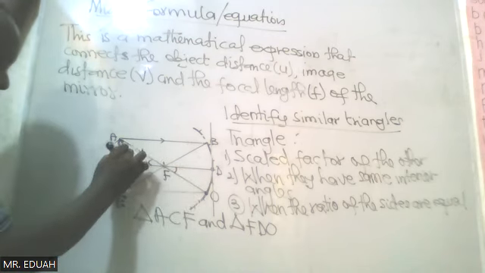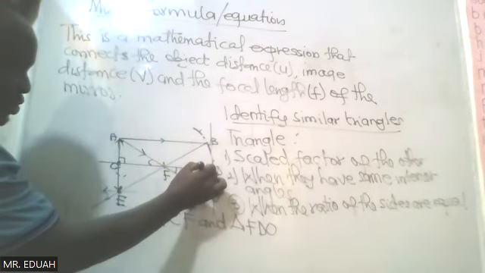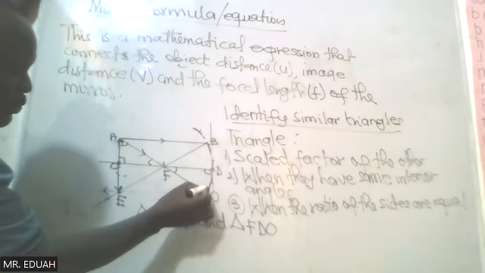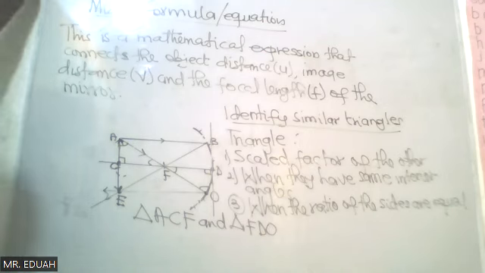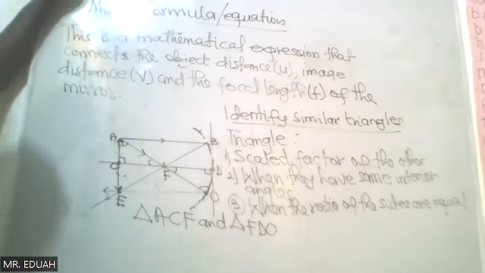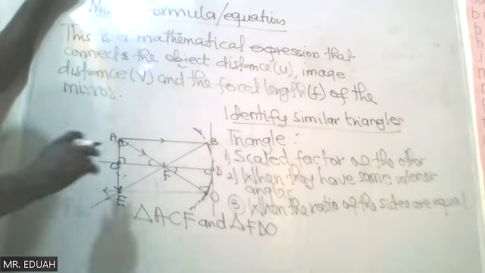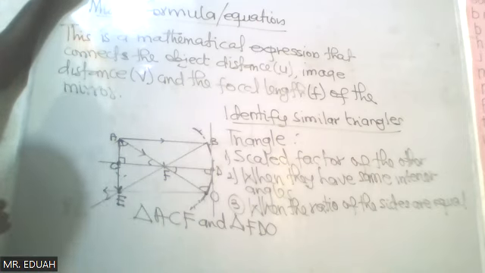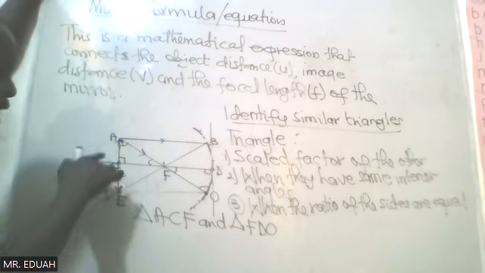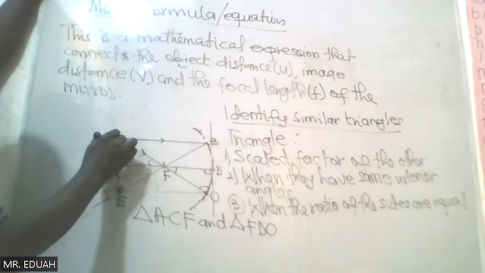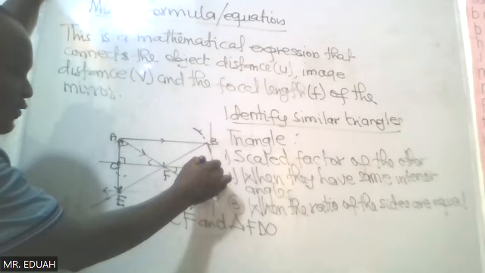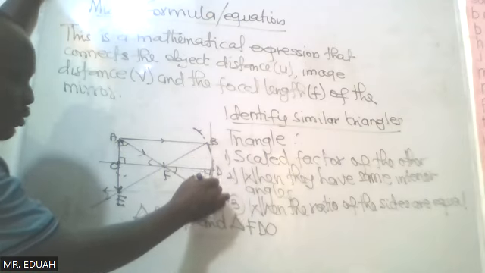This angle is 90, and this angle is also 90. Then this angle will certainly correspond to this one. And so they are similar triangles, because we have just identified that they have the same interior angles.